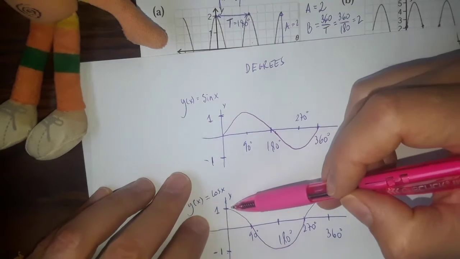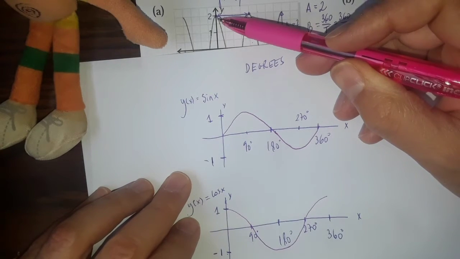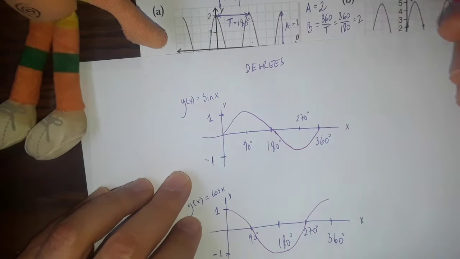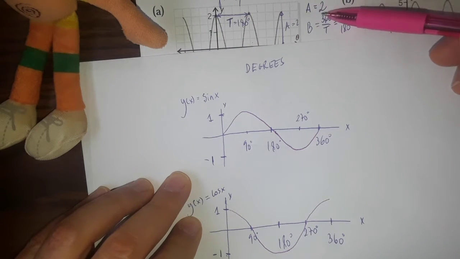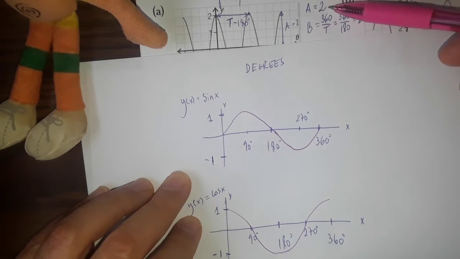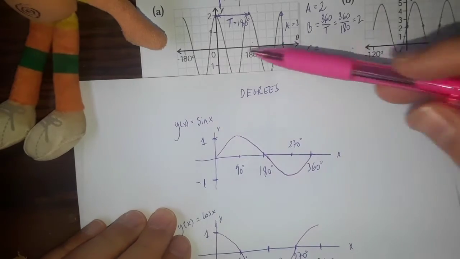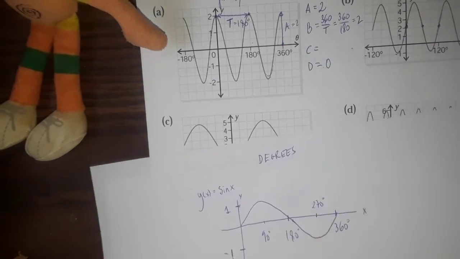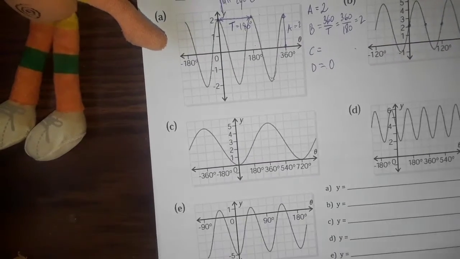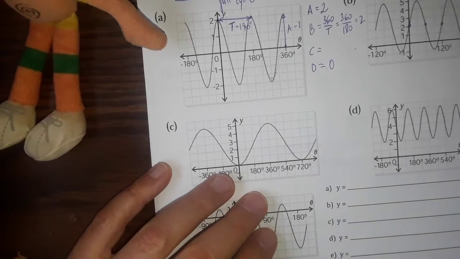But instead of starting at 1, it starts at 2. But we can model this by putting that A is going to be 2. That's going to be fine. So again, this is a cosine. Even if it's a cosine, there's no horizontal shift. So C is going to be 0.